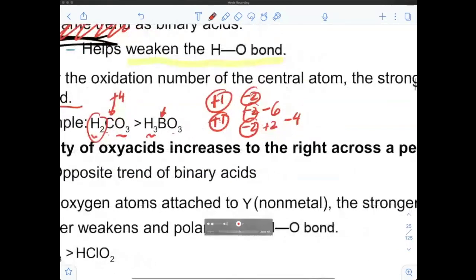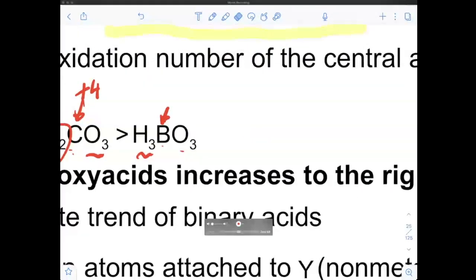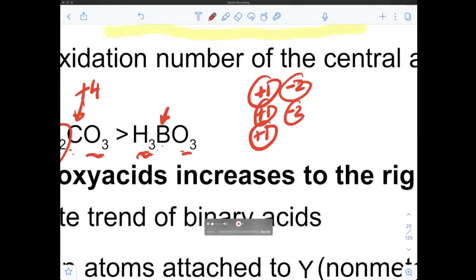And then when it comes to boron, what's the oxidation number? Looking at this formula right here, with the boron, you have three hydrogens, right? Each hydrogen is plus one, plus one, plus one. And then you have three oxygens. Each oxygen is minus two, minus two, minus two. So what must the boron be for you to get a neutral compound?